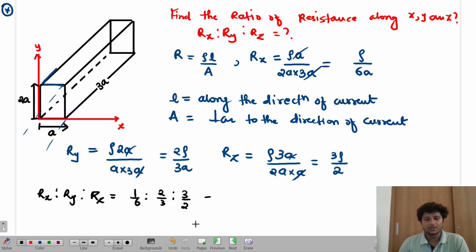To understand this, try to find the LCM. What is the LCM? 6 or 9? LCM will be 6, isn't it?